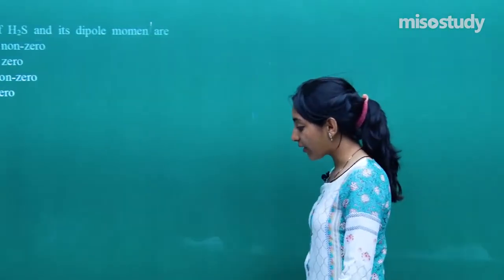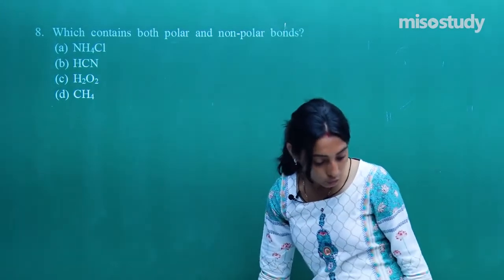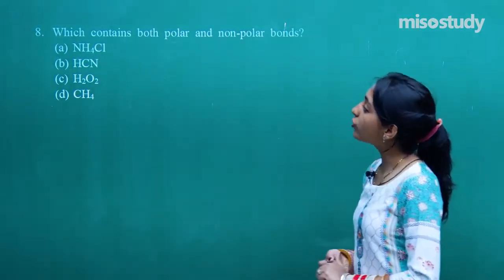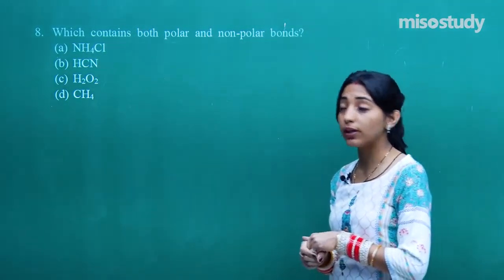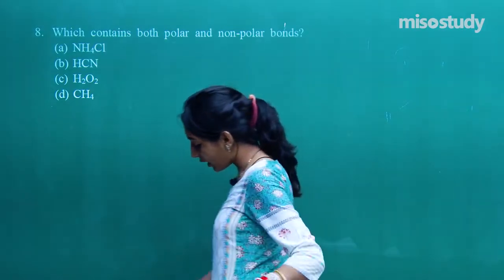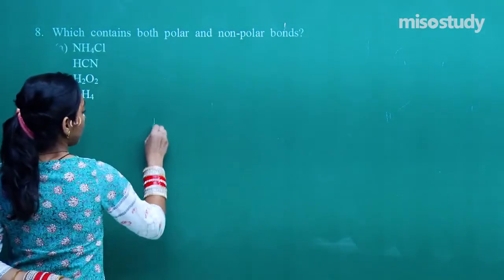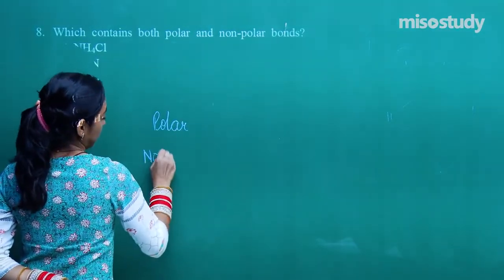Our next question that you can see on the screen is, you have to comment which contain both polar and non-polar bonds. So what is the definition of polar and non-polar bonds?